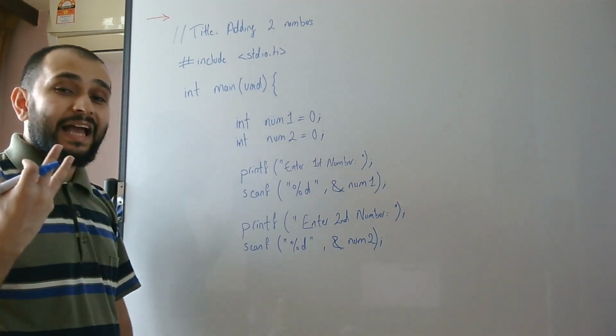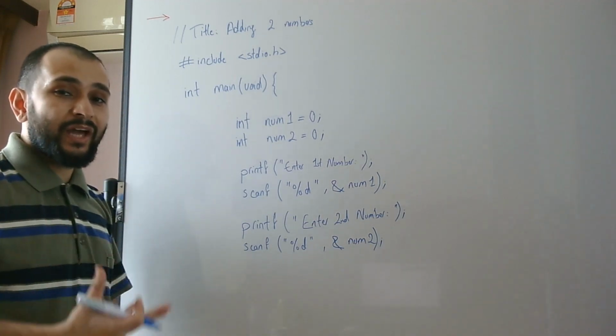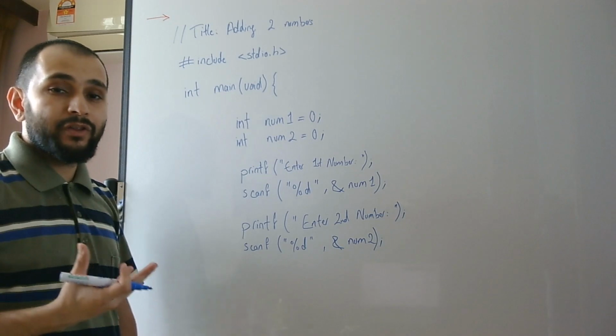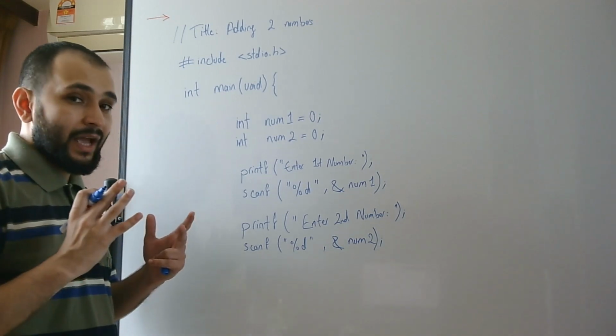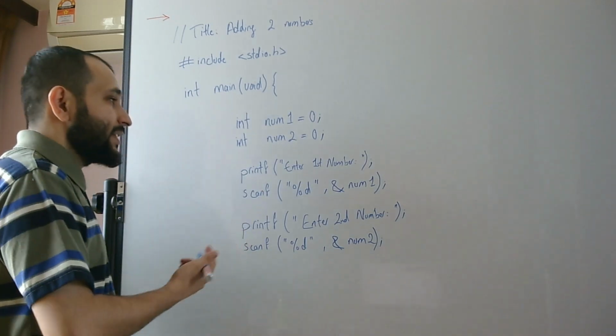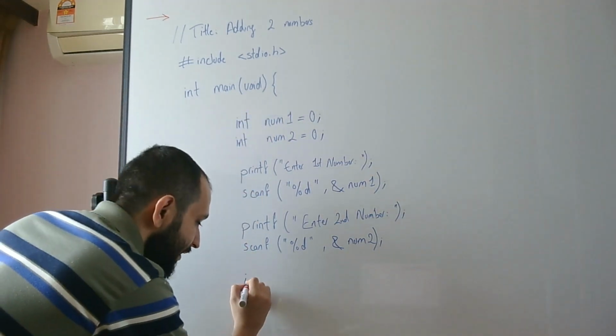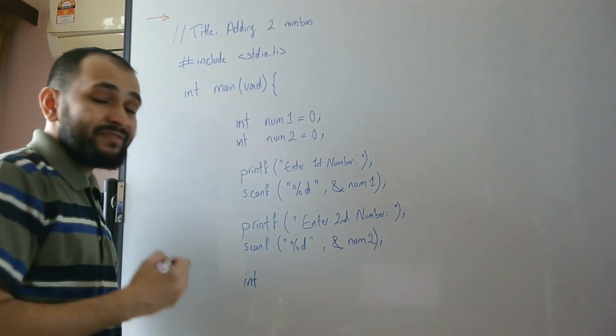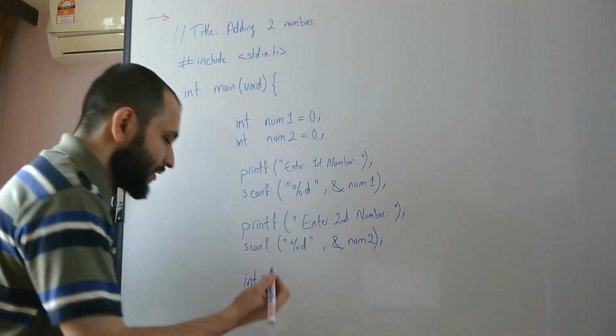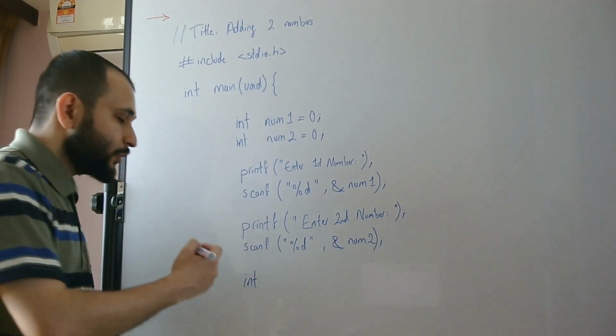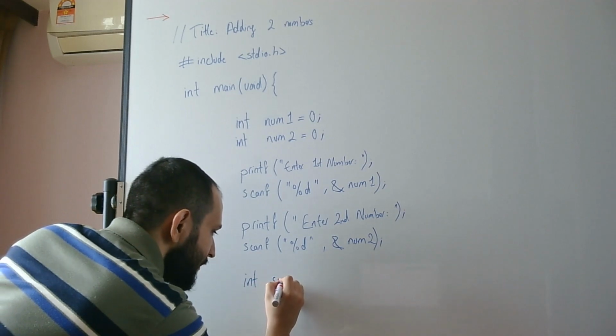Now we need another placeholder so that we can store the result of adding these two numbers. Once again, we can create it the same way as we created these variables, and the name of this variable is going to be sum, because obviously it's storing the sum of two numbers.